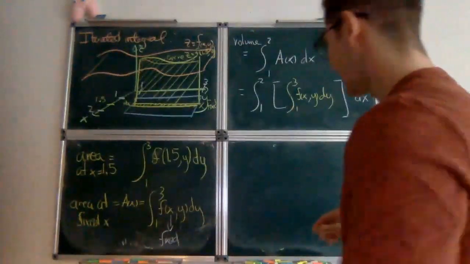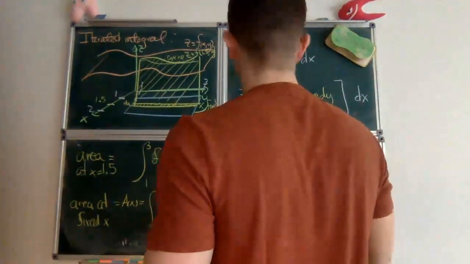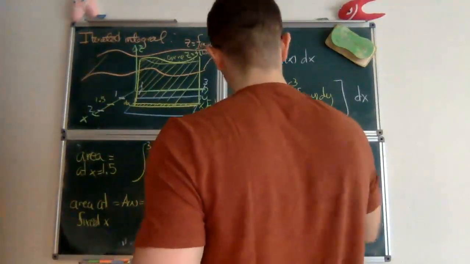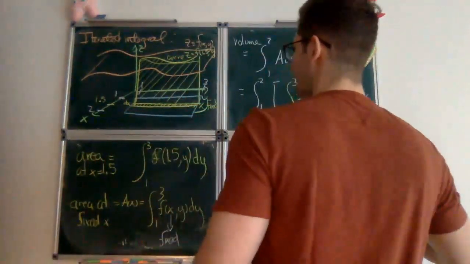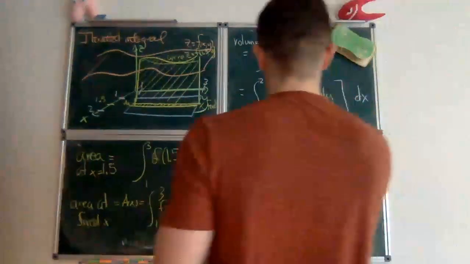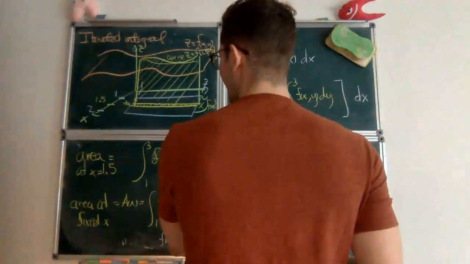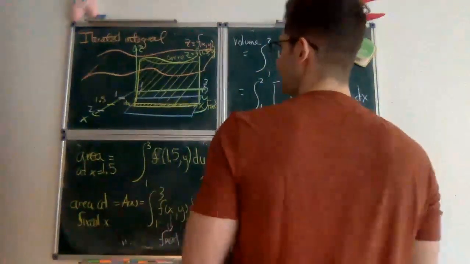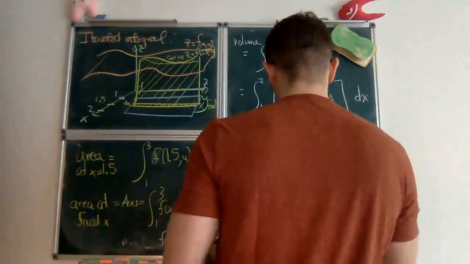Here's the second approach. So let me draw this again because otherwise it will be too confusing. So again, the graph is that thing. Let's see if doing this explanation one more time makes things more clear.